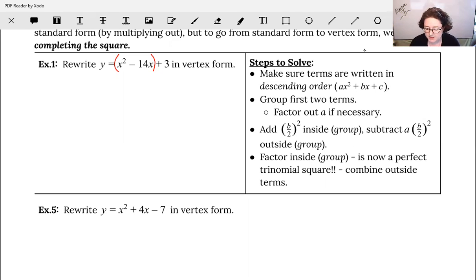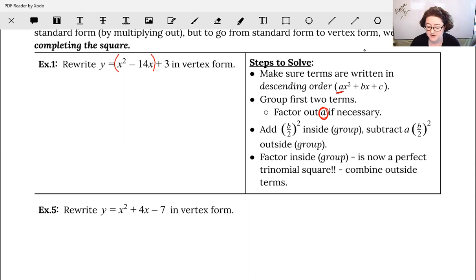First, do we have a common a value? We do not, so I don't need to take that first step in the list. We'll look at a couple of examples that do have that.